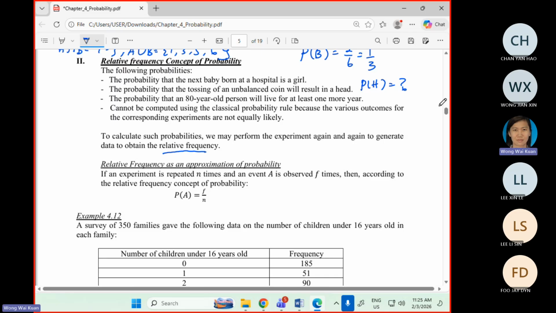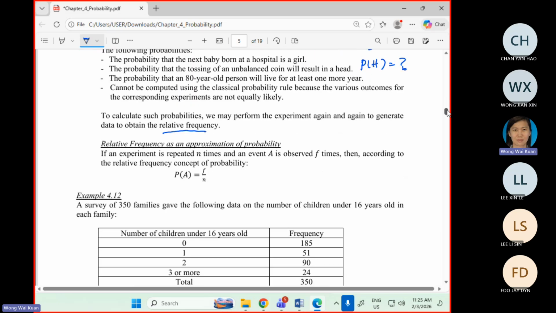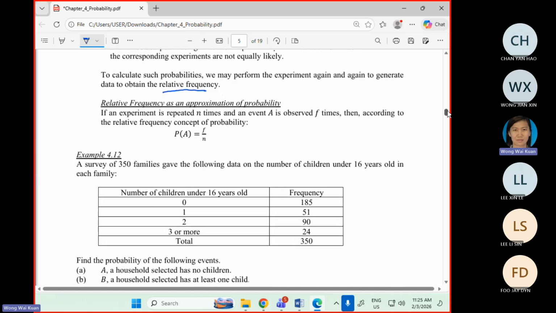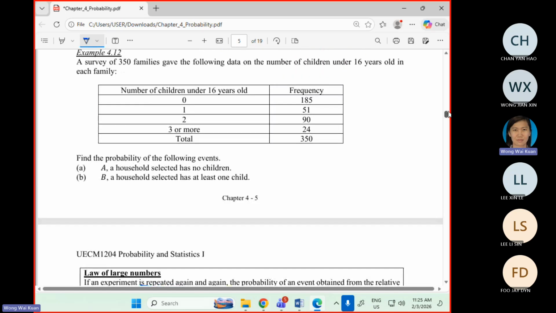Okay, so now, come back to this example 4.12. A survey of 350 families gave the following data on the number of children under 16 in each family. We found that 185 have no children under 16, 51 have 1, 90 have 2, and 24 have 3 or more.